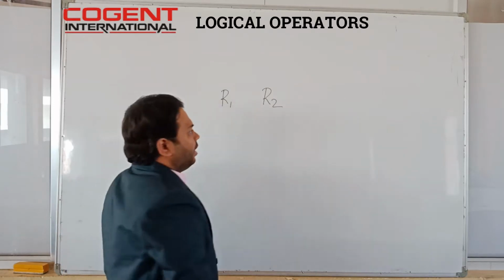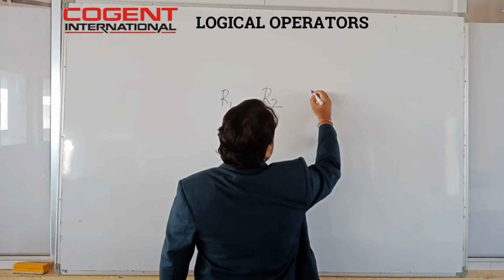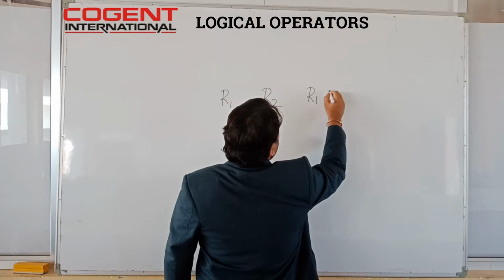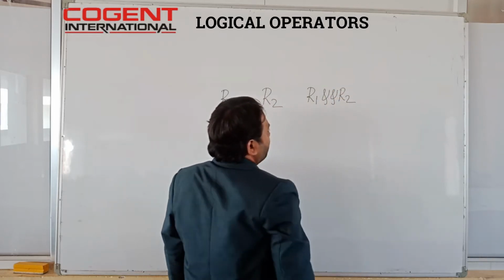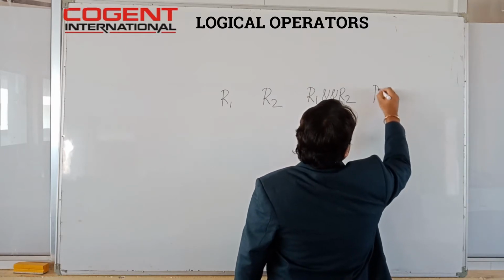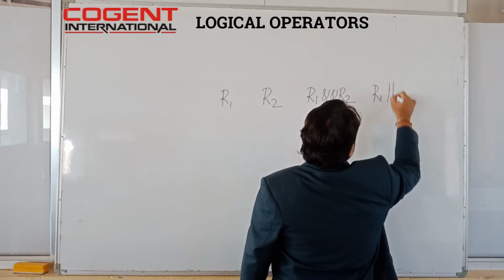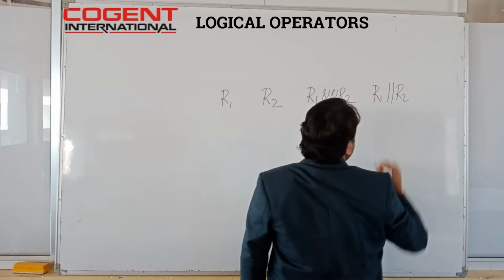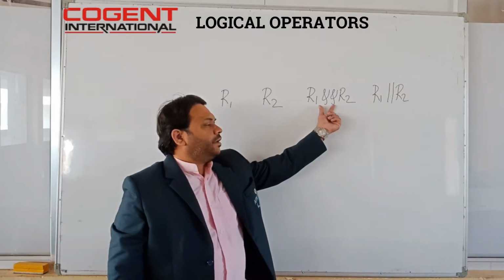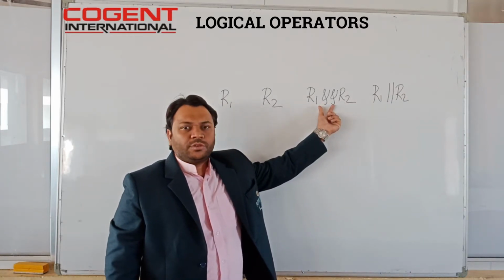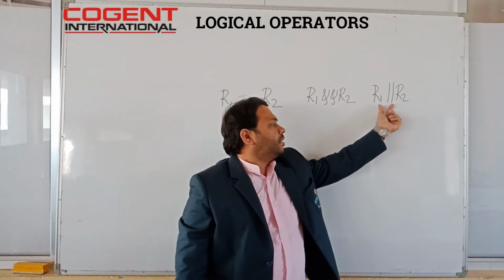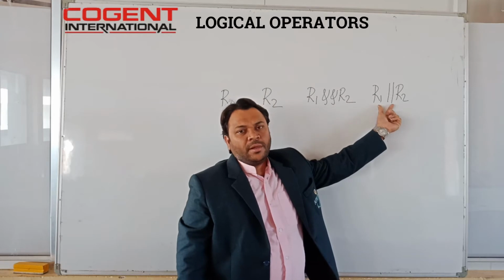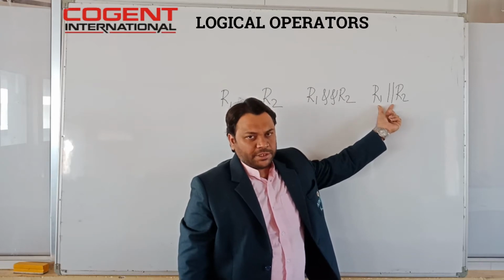Then I'll perform the logical AND between these two inputs, then the logical OR between these two inputs. So this is the symbol which is used to perform the logical AND operation, and this double pipeline is used to perform the logical OR operation here.